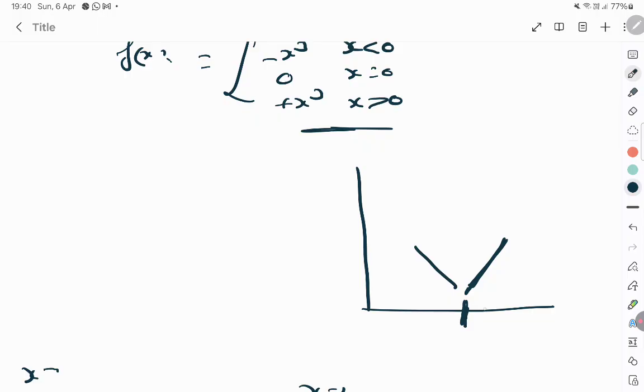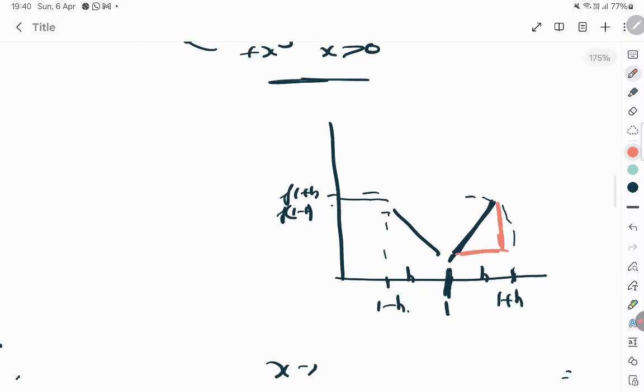So what is this? This is h, and this point will be 1 plus h, and if this is h, this point here will be 1 minus h, and this y value here can be f of 1 plus h or f of 1 minus h, depending on which point we are taking. So slope for this is opposite by adjacent.